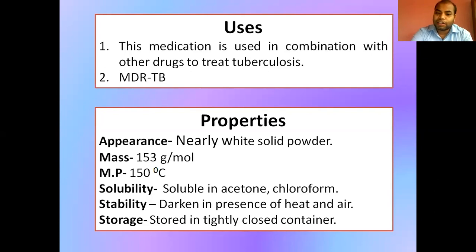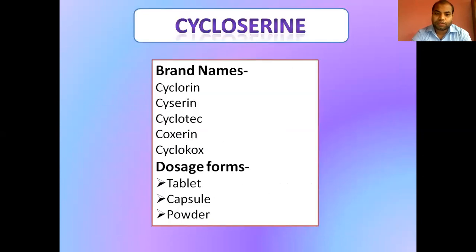In terms of stability, it darkens in the presence of heat and air, and in terms of storage condition, it is stored in a tightly closed container to prevent water penetration or water absorption. Okay. So the next drug of choice for tuberculosis treatment is cycloserine.